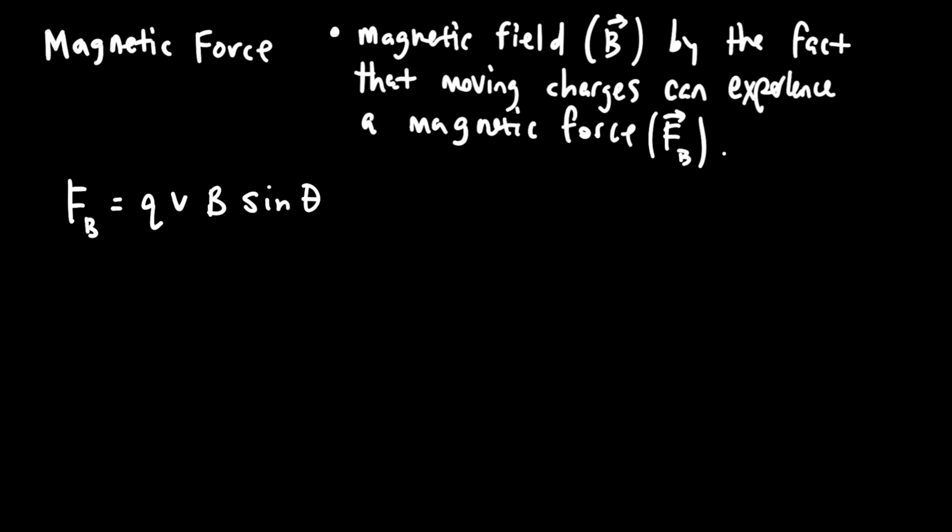Anytime we've had theta in an equation like this, theta usually represents the angle between two vectors. And force is a vector, and so there must be two things on the right-hand side of the equation which are vectors.